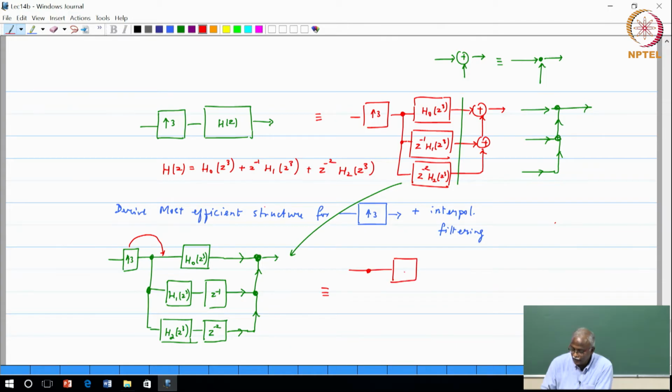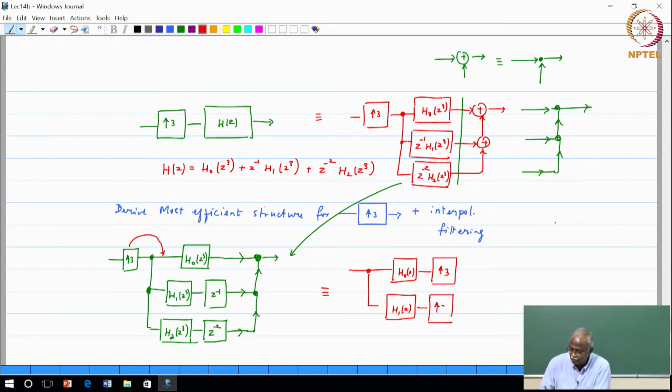So, using that we now have the following structure. You have H naught of Z followed by the upsampler 3. The second branch has H1 of Z and there is a Z inverse. I can move it past the H1 of Z cubed, but I cannot move the upsampler past the Z inverse.